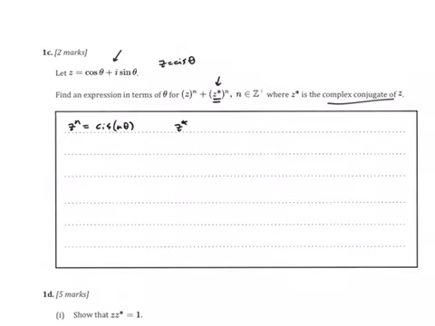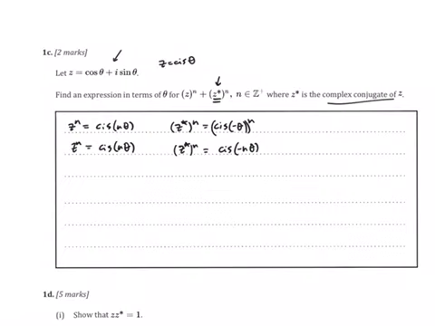z star to the nth would equal cis negative theta to the nth. Okay, so z to the nth would equal, like I said, cis n theta. z star to the nth would equal cis negative n theta.